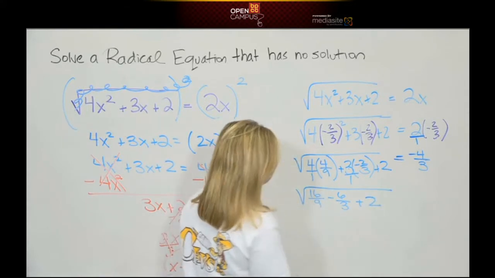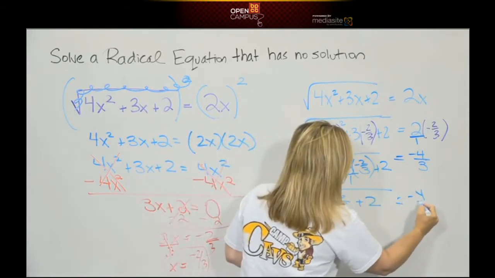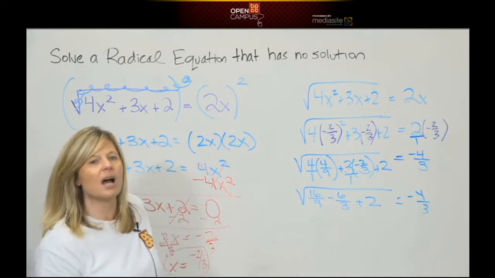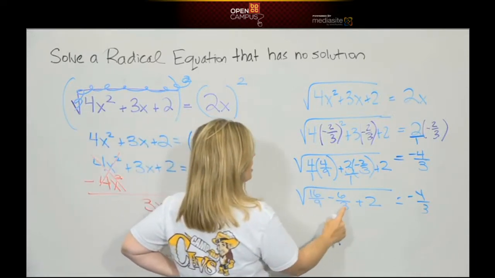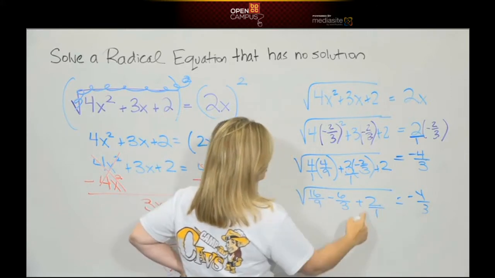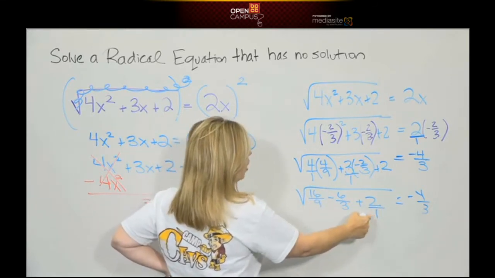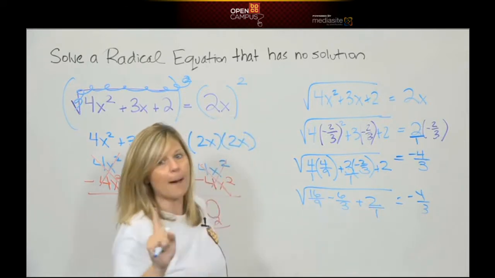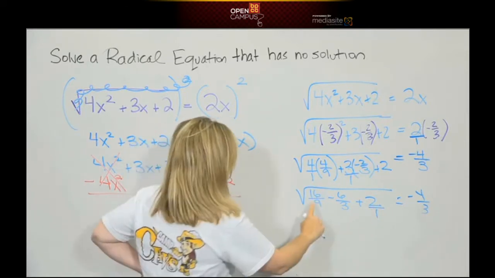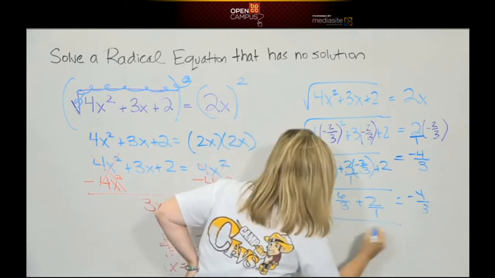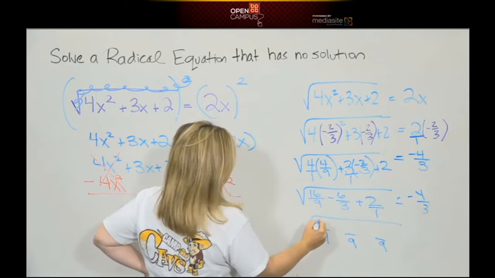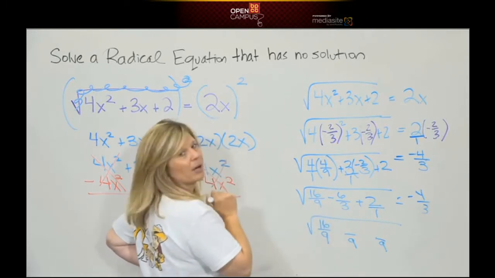Plus 2. We're still not done inside. We have to add and subtract. Well, now we need a common denominator. Look, we're adding and subtracting. We're not moving to solve an equation. So we need to make a common denominator here, which is 9. 16 is going to stay because the denominator is 9.